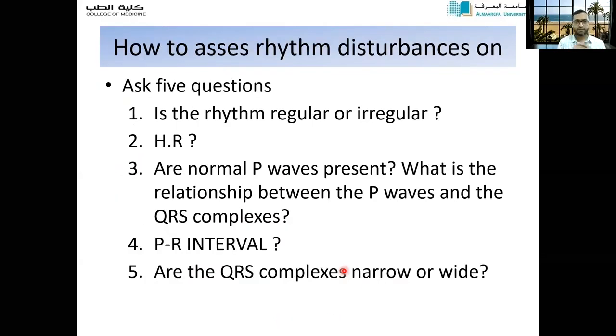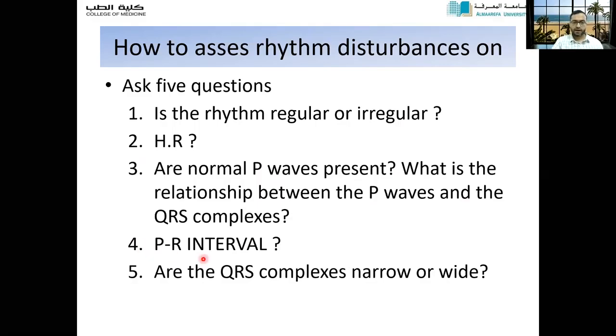Let's take an example of some of it, but whenever you want to diagnose an arrhythmia, always ask these 5 questions to yourself. Is the rhythm regular or irregular? Look for it. What is the heart rate? Are the P waves present? What is the relationship between the P wave and the QRS complex?